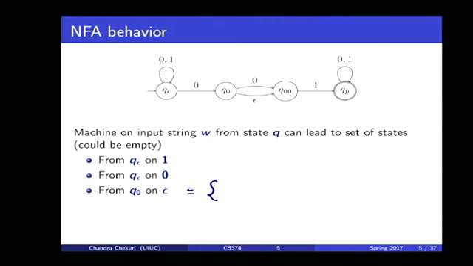But now I can also go to Q00. Suppose I had another epsilon transition here. I can take two epsilons if I want, because two epsilons is the same as an epsilon.